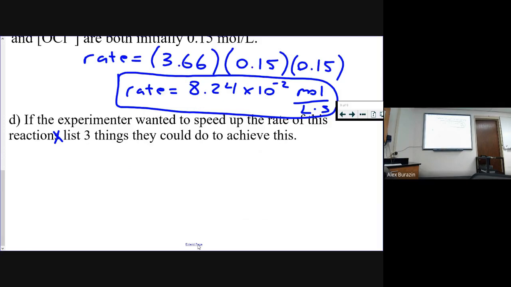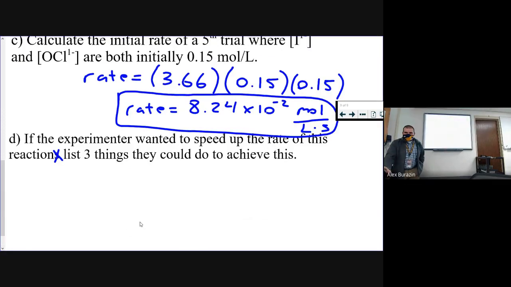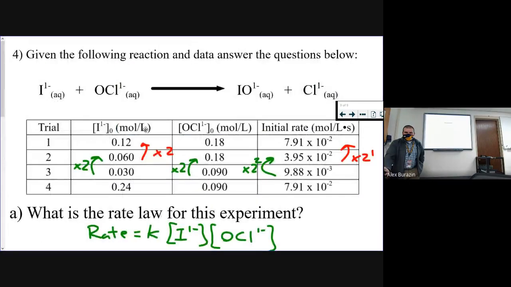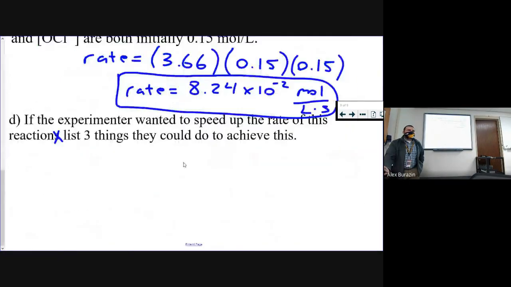Add catalyst. Make it more concentrated. Wait, is this gas? Are these gases? I doubt it. But then there's also more chance of collisions. With the volume change, that is on your sheet, right?